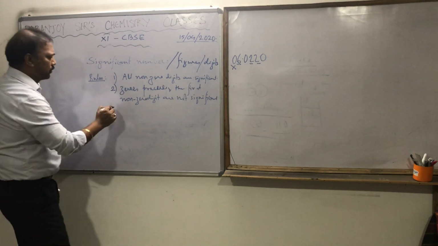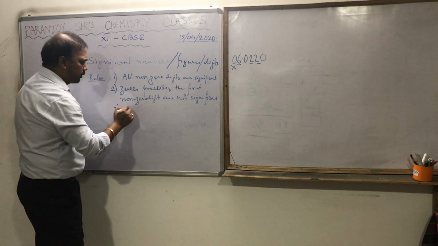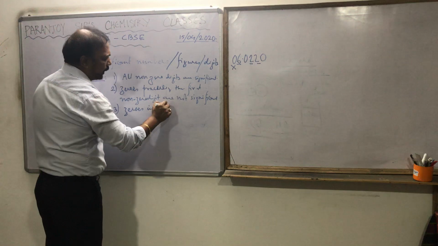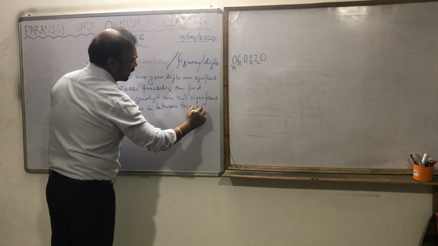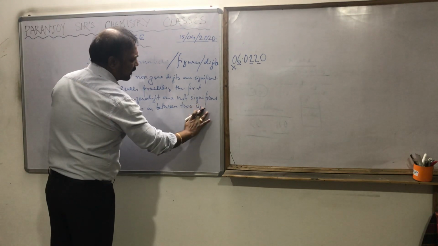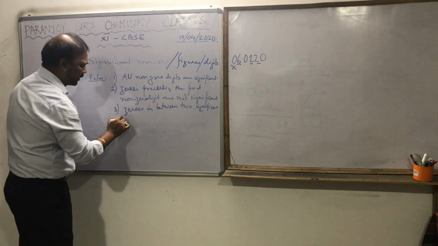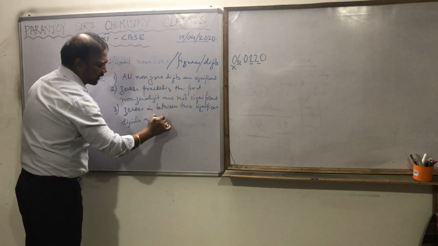Come to the third rule: zeros in between two significant figures, or significant digits, are significant.